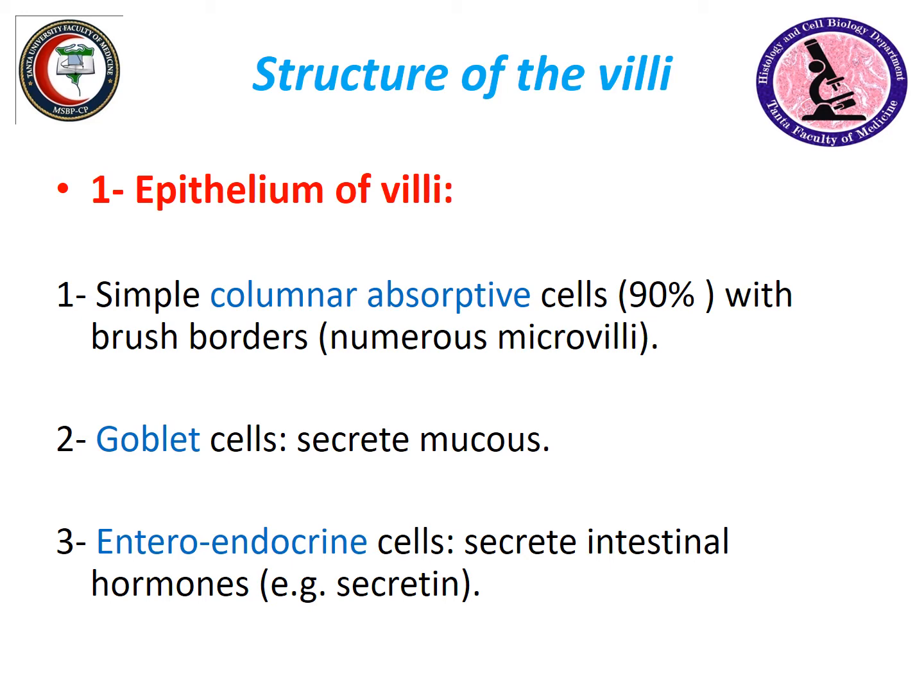The epithelium is simple columnar absorptive epithelium, representing 90%. It has brush border, numerous microvilli. The second cell present in the lining of the villus is the goblet cell, which secretes mucus. The third cell is the enteroendocrine cell, which secretes intestinal hormone such as secretin.